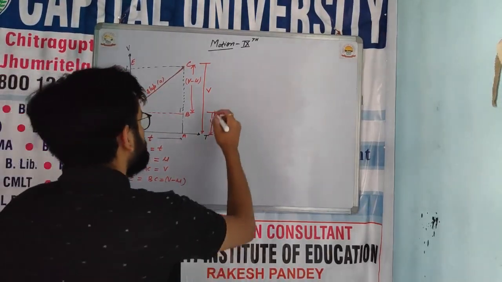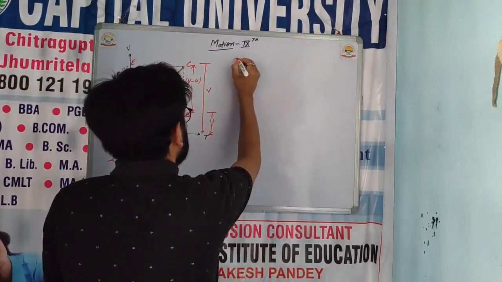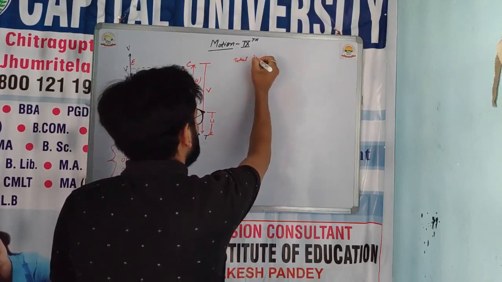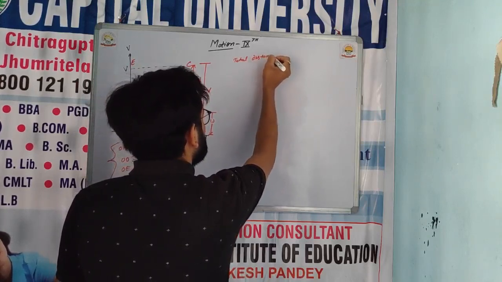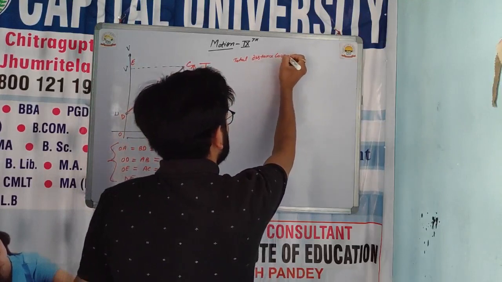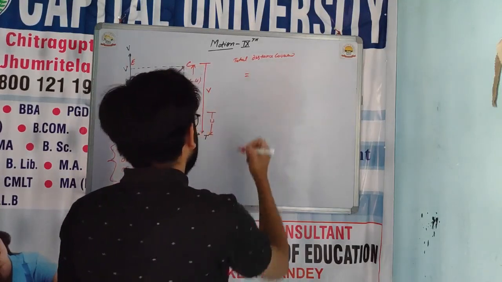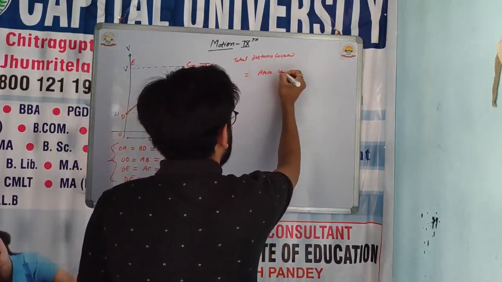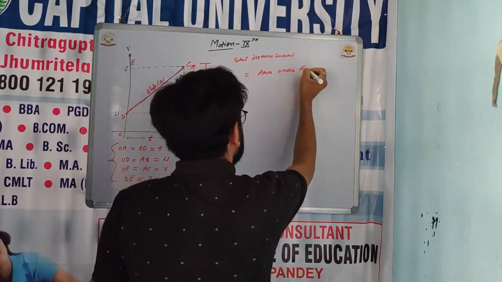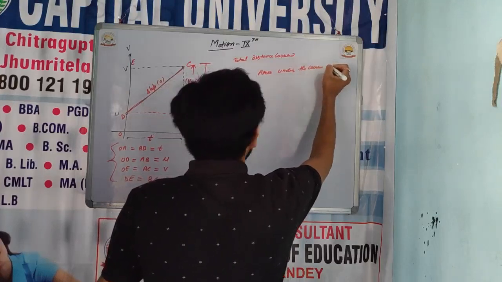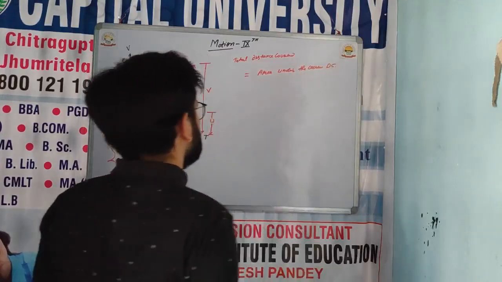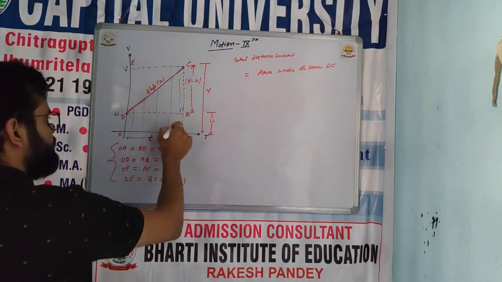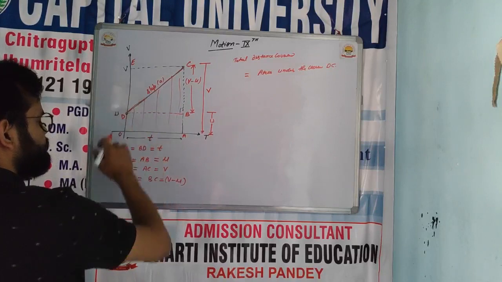Okay, so we can write here, for the second equation, total distance covered is equal to the area under the line DC. Clear? Inside it, a triangle and a rectangle both come up.